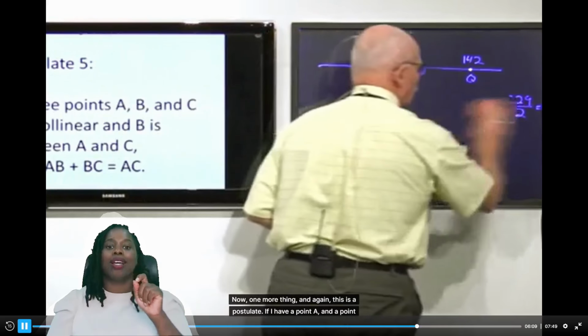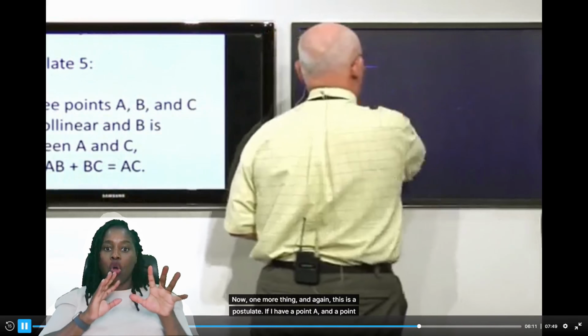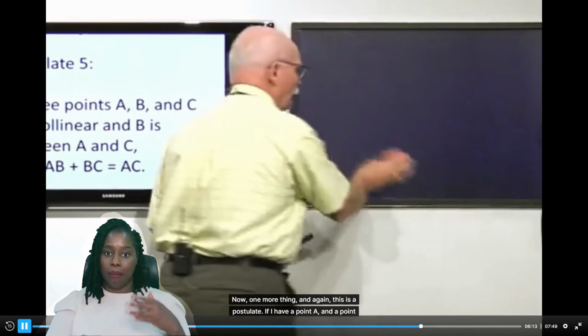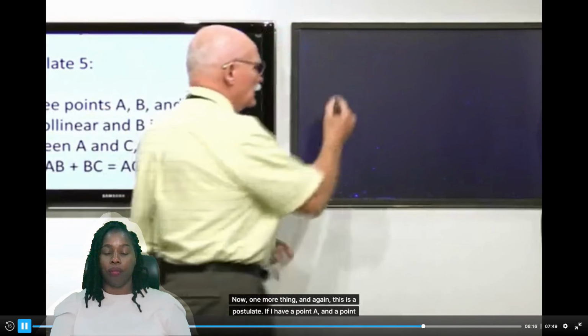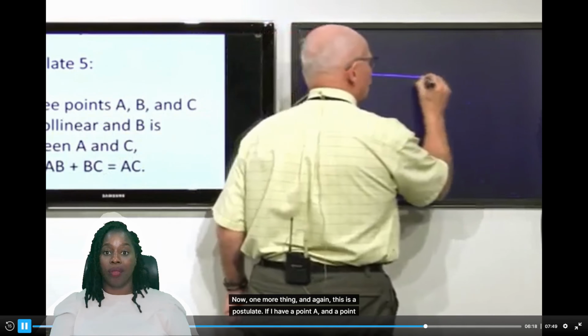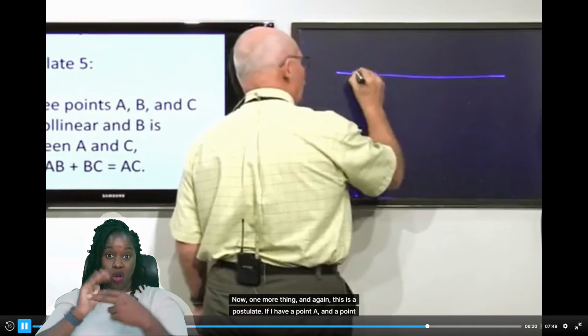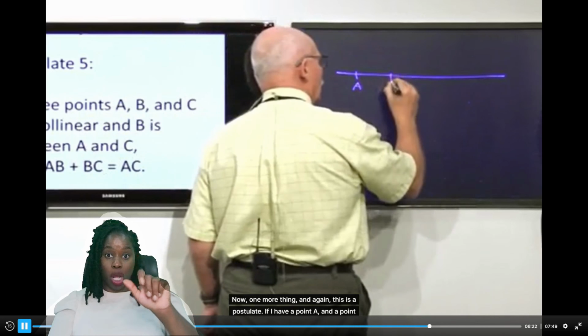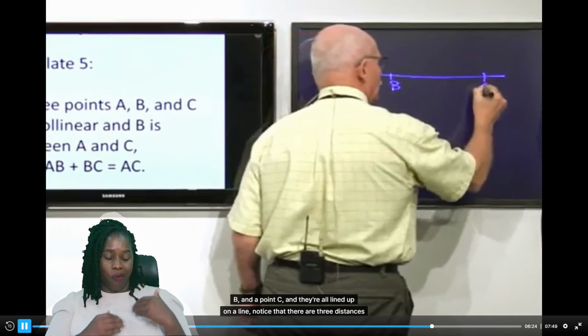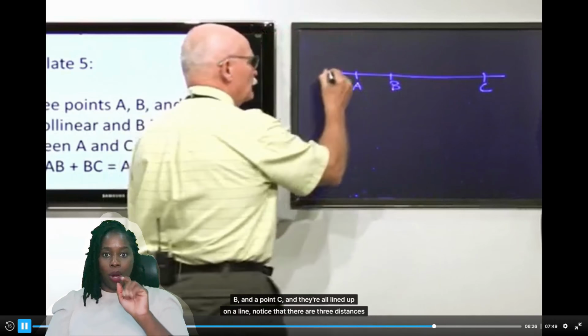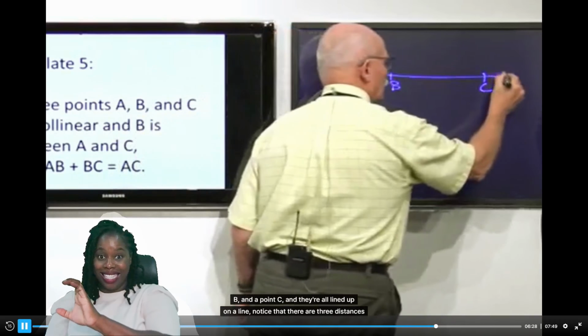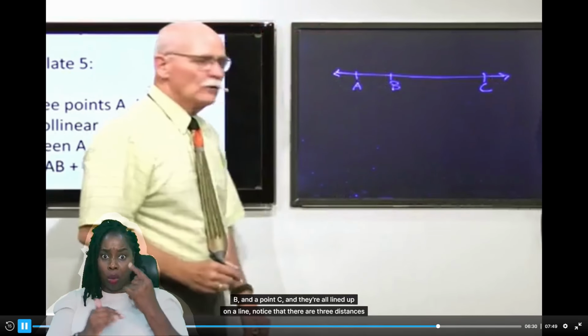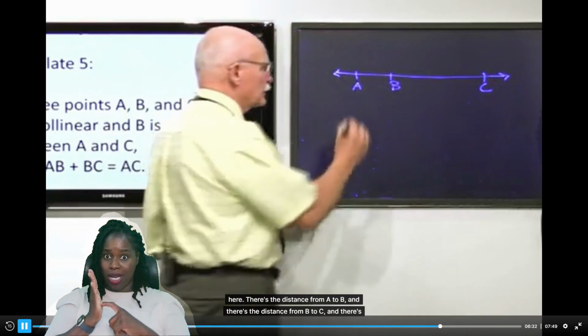Now, one more thing. And again, this is a postulate. If I have a point A and a point B and a point C, and they're all lined up on a line, notice that there are 3 distances here.